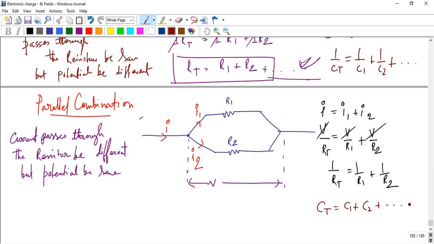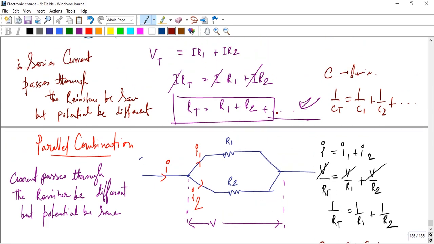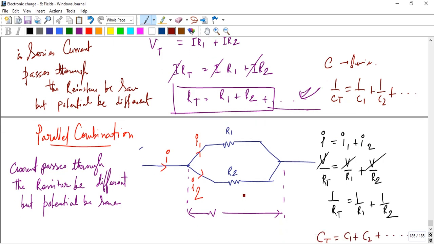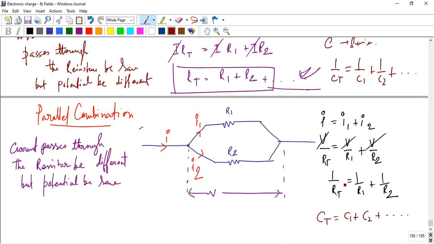So the difference is only the reciprocal concept. For resistors in series they are just added, but for capacitors in series it is the reciprocal concept. For resistors in parallel it is the reciprocal concept, but for capacitors in parallel they are just added. This is the basic series and parallel combination of that circuit.